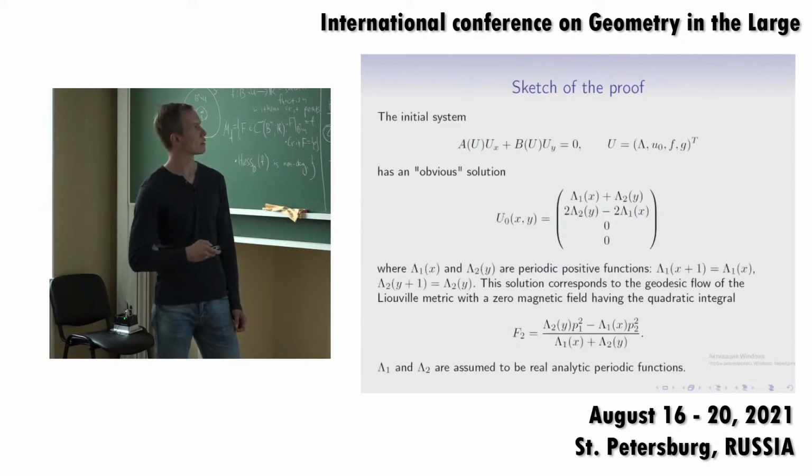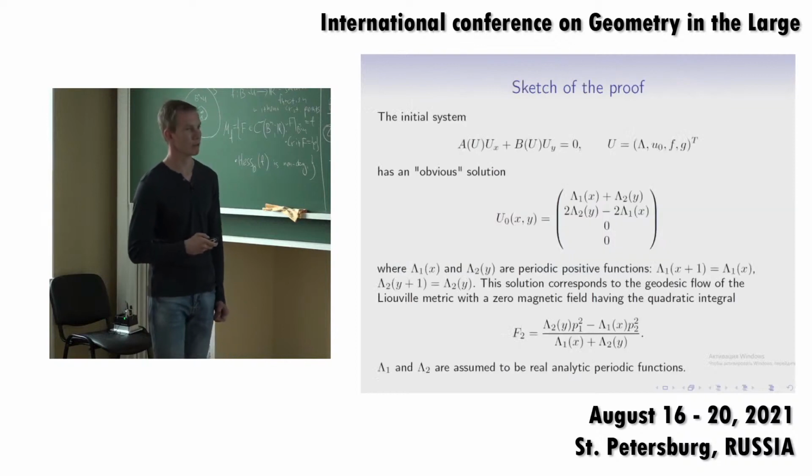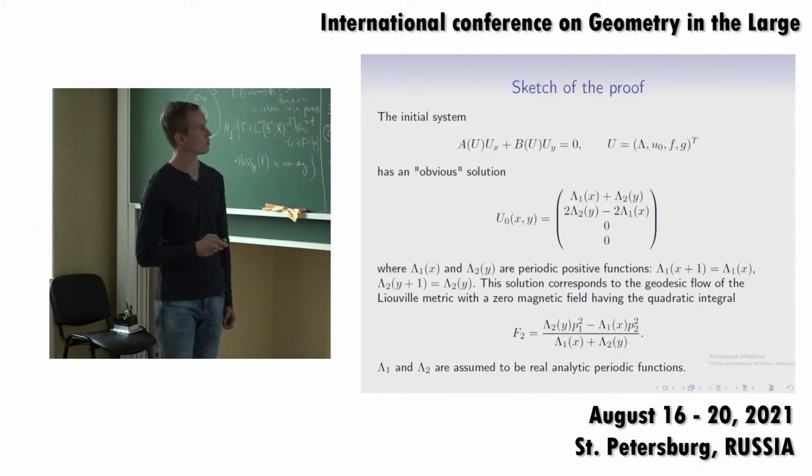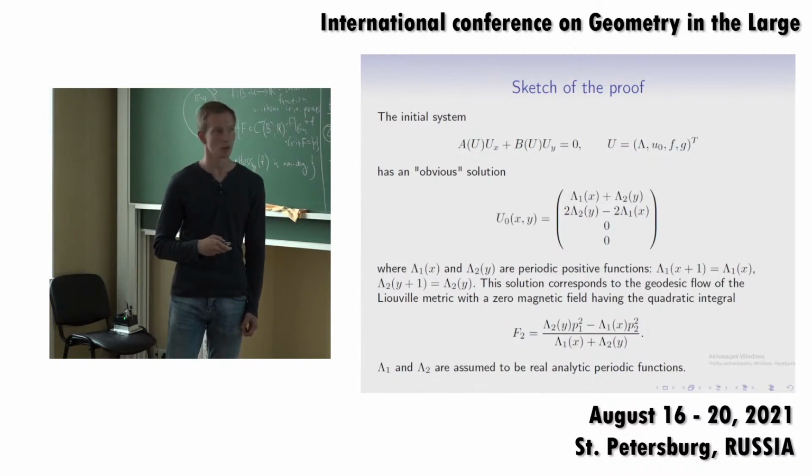If I have some time still, I will give a sketch of the proof, because in my opinion it is very interesting. Of course this system has an obvious solution which corresponds to the Liouville metric and zero magnetic field, as for the standard geodesic flow.